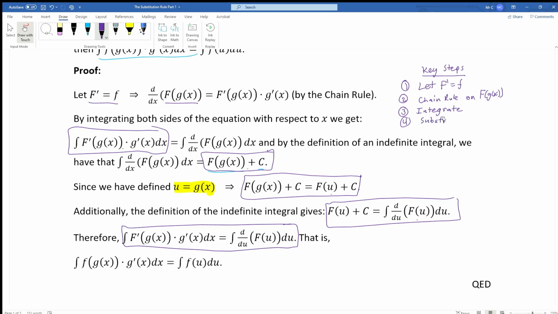Then we substituted u. We just plugged u in place of g of x, since that's how we defined u. And then in the end, we just rewrite our conclusions, once again using the definition of an indefinite integral. So those are the 5 key steps.